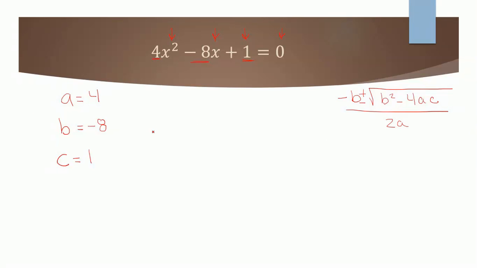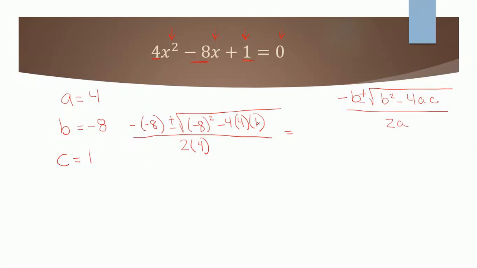So I'm going to plug in my negative b, which my b is negative 8, plus or minus the square root of b squared, so negative 8 squared, minus 4 times my a times my c. My a is 4, my c is 1. I'm going to go all over 2 times my a, which is 4.